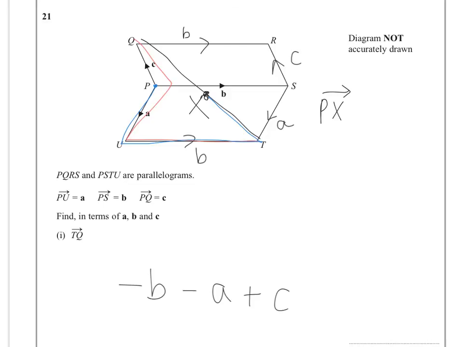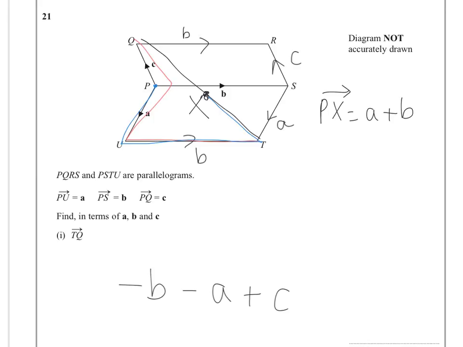P to U, we know, is a. U to T, that is b. Well, T to X, that is the midpoint, so X is the midpoint of T to Q. We know that T to Q is minus b minus a plus c.